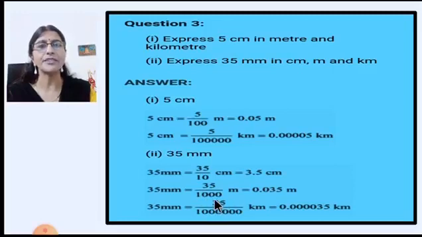So the point will be shifted again to the left by how many places? 3 places. So that is done here. You can see 2 places here, 5 and 3 are there, and one more 0 is here. 1 zero has to be added because of 3 places, and then before that we will put a decimal point, and before the decimal point you can add 1 zero. So the answer is 0.035 meter.